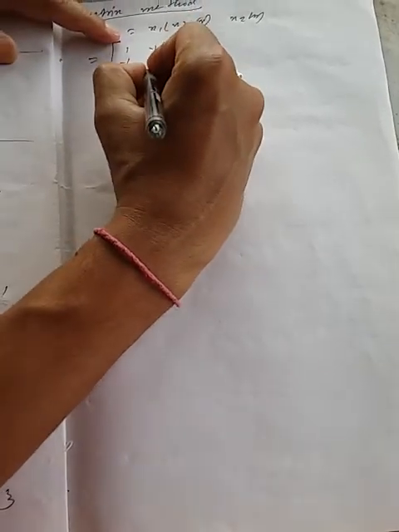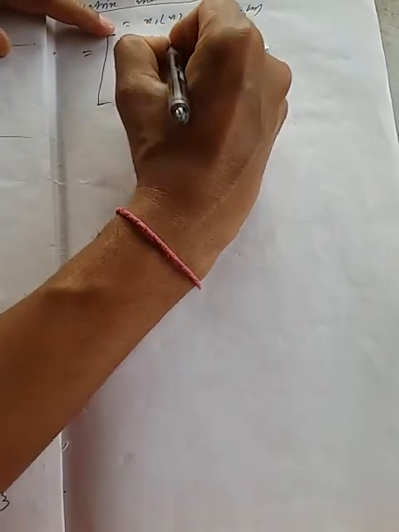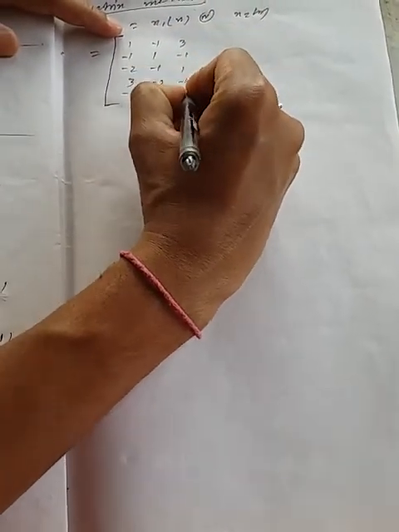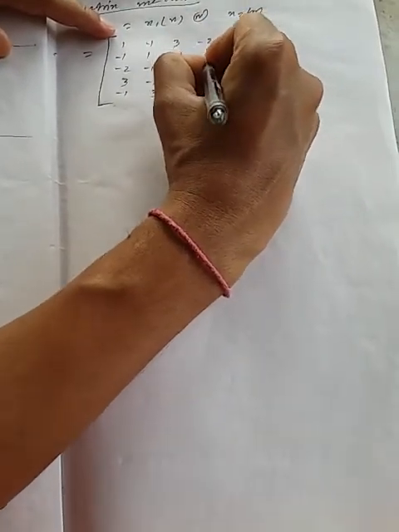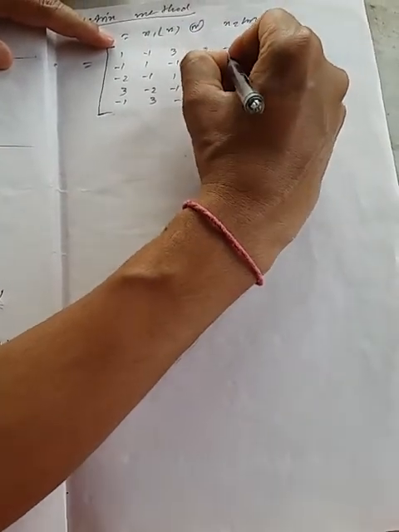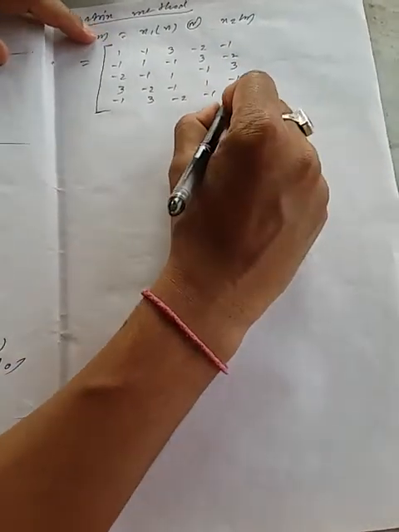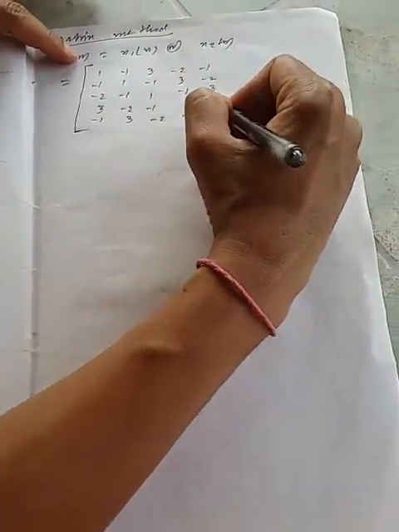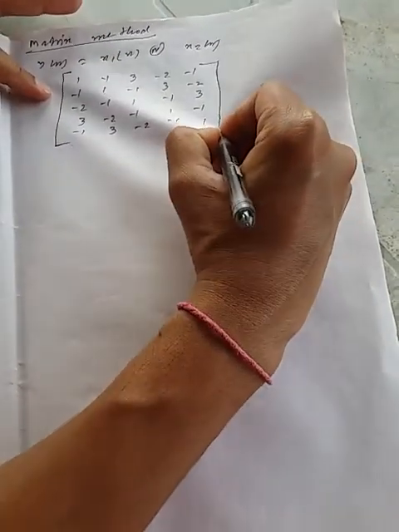Again this -1 will be here in the next column, so -1 again, then 1, -1, -2 and 3. This 3 will be here: 3, -1, 1, -1, -2. Then -2 will be here: -2, 3, -1, 1, -1. Again -1 will be here: -1, -2, 3, -1, 1. If I take again 1 here, then the column will be repeated, so no column will be repeated in this case.